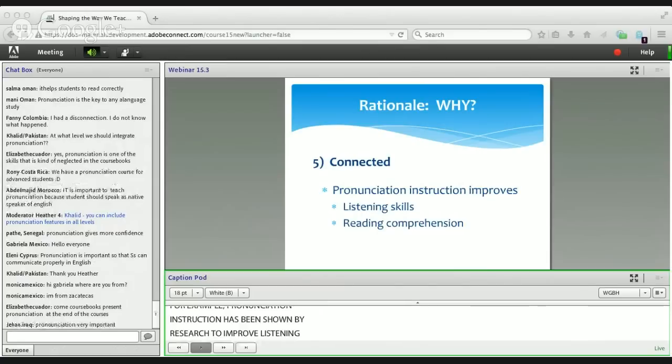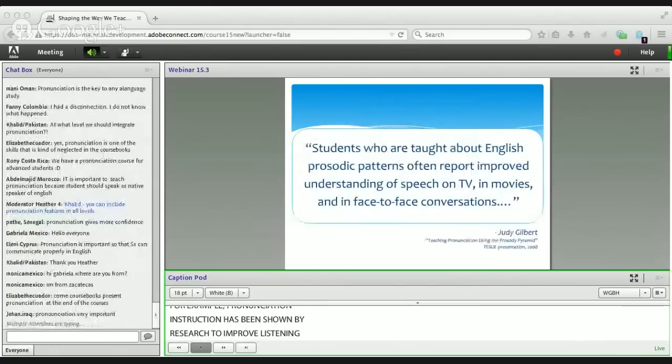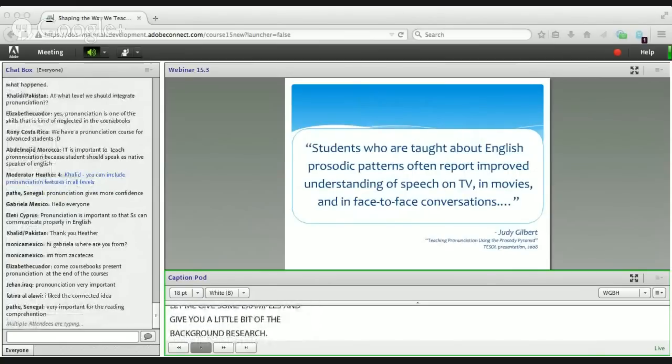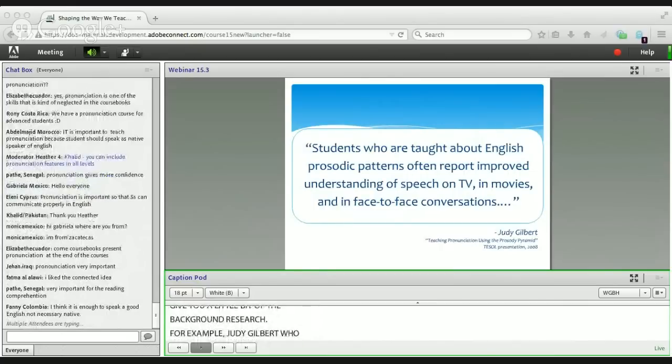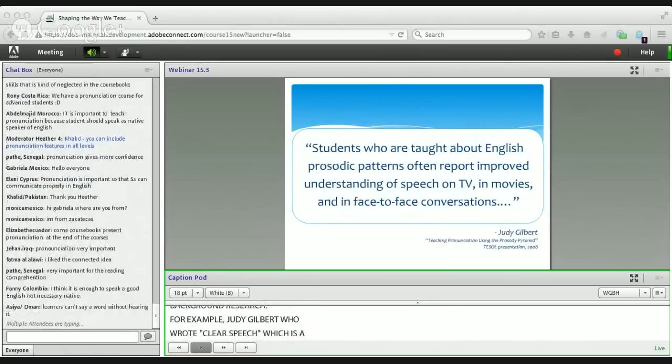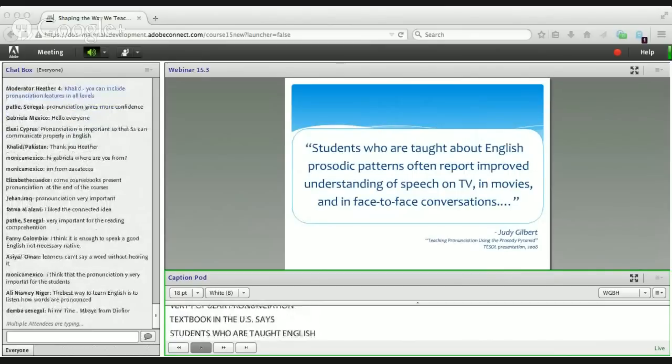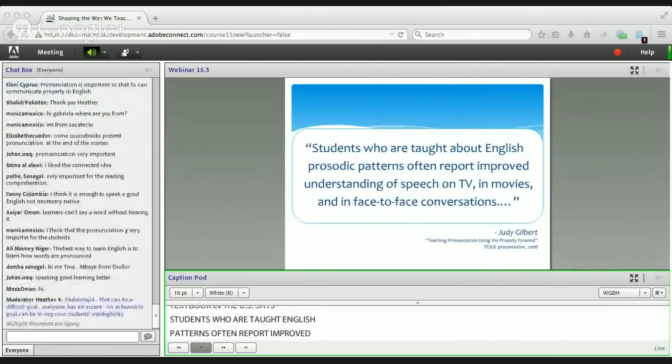And so let me give you a little bit of the background research. For example, Judy Gilbert, who wrote Clear Speech, which is a very popular speaking and pronunciation textbook here in the US, says students who are taught about English prosodic patterns often report improved understanding of speech on TV, in movies, and in face-to-face conversations.